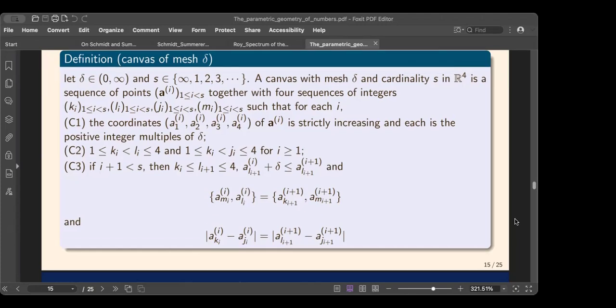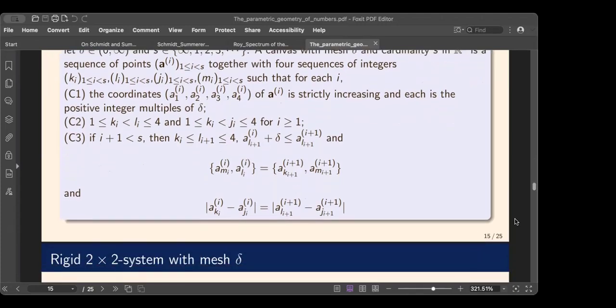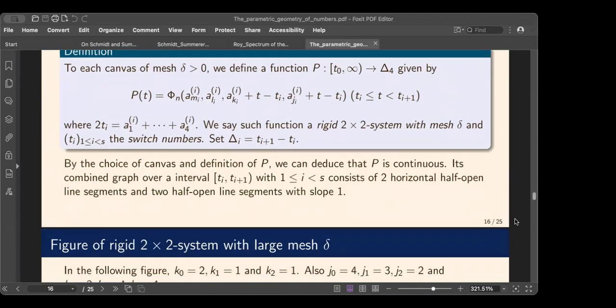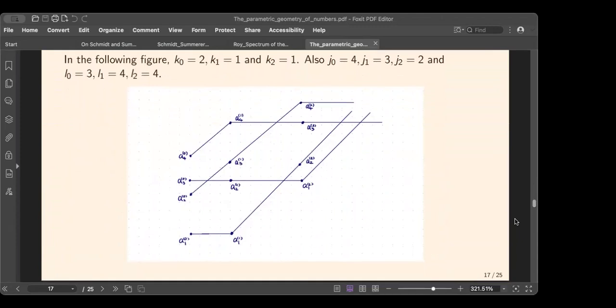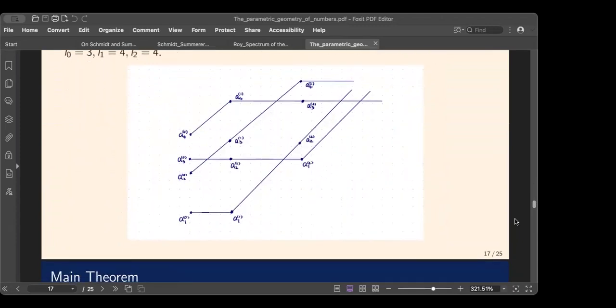I think this condition, if Ki is larger than Gi, it's natural because if I put here the second line, we put it behind.